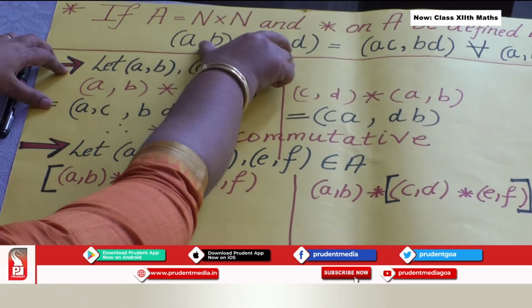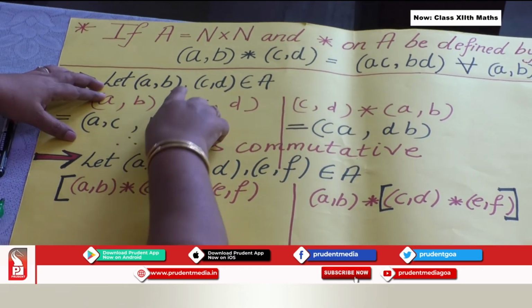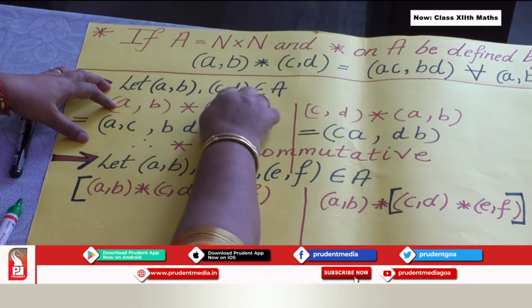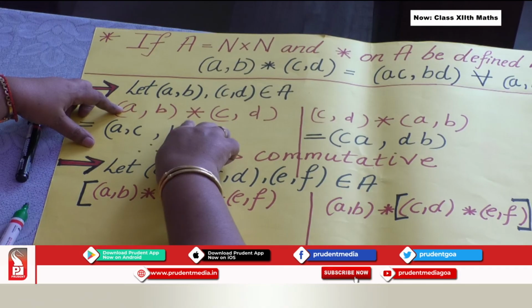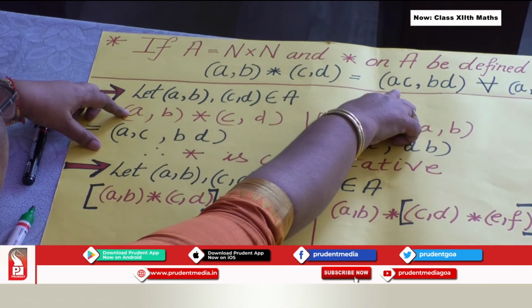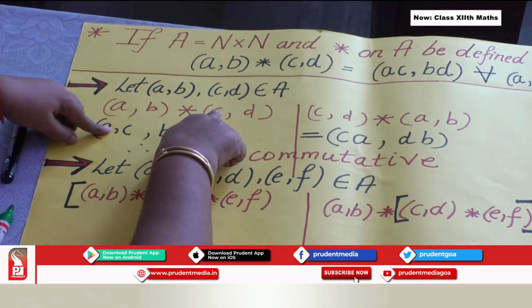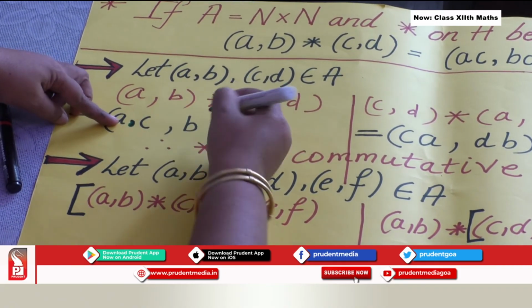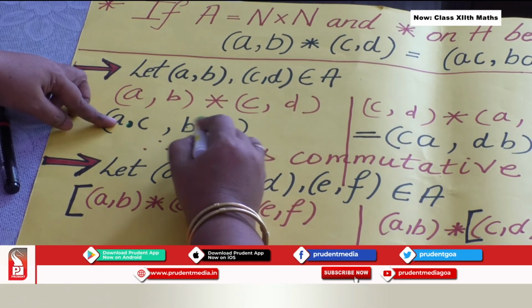You copy this as it is: (A, B) and (C, D), both belonging to A, (A, B) star (C, D). As per this definition, you will get A into C here and B into D.